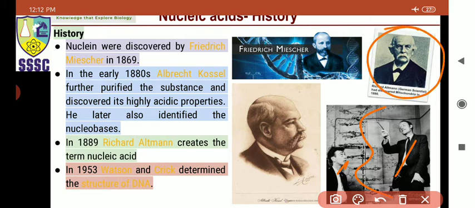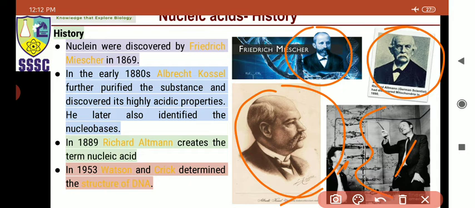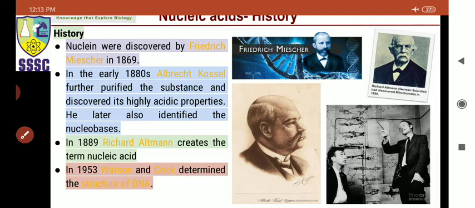Richard Altmann, the person who discovered mitochondria in the cell, also named nucleic acid. Friedrich Miescher gave the concept of the nucleus. And this one is Kossel, who purified the DNA as acidic material from the nucleus. So this little history you should know.